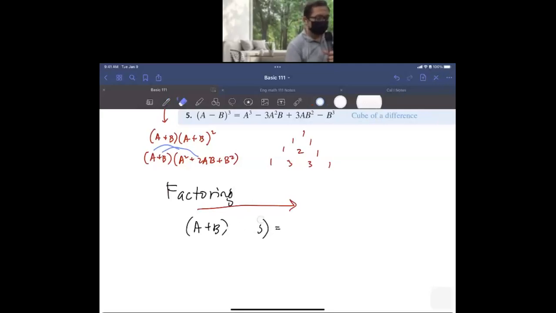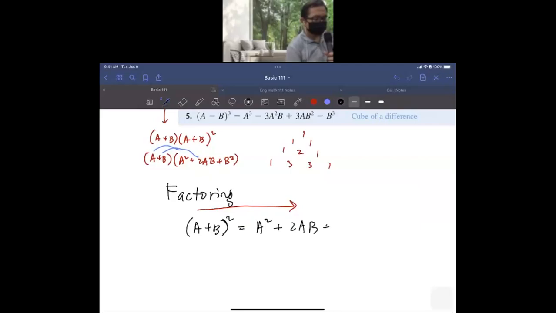Or maybe let me start with all positive. This is called expansion, or expanding, or expand. But when you try to reverse, this is what you call factoring.